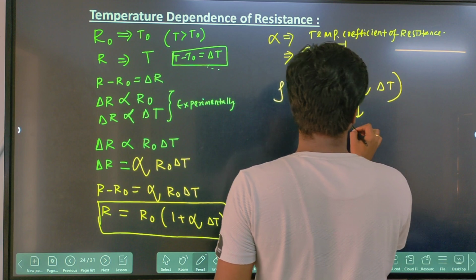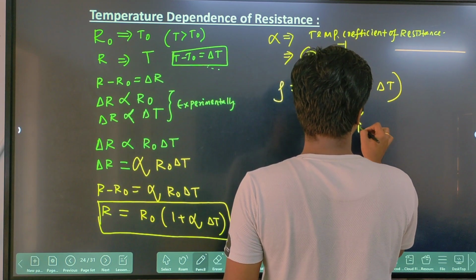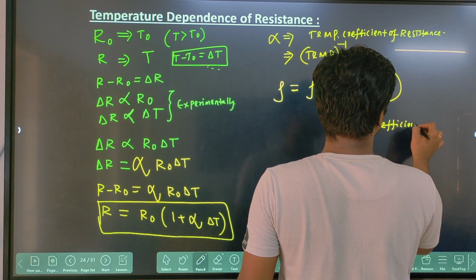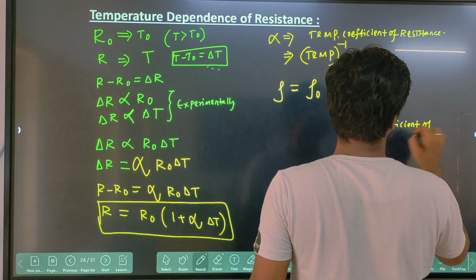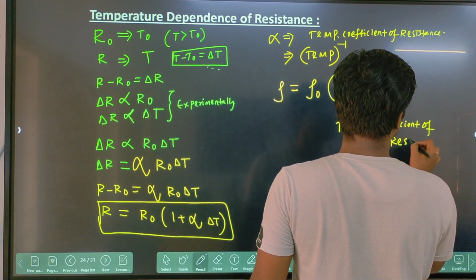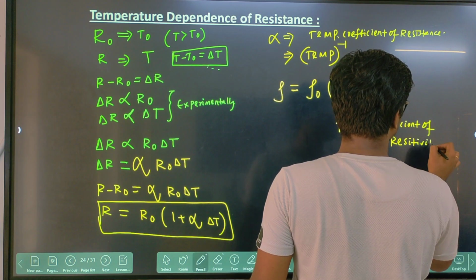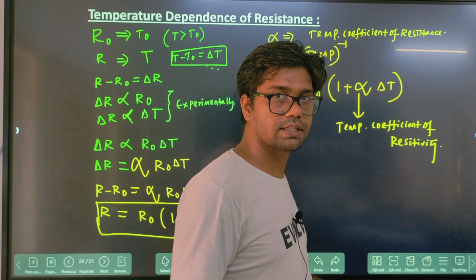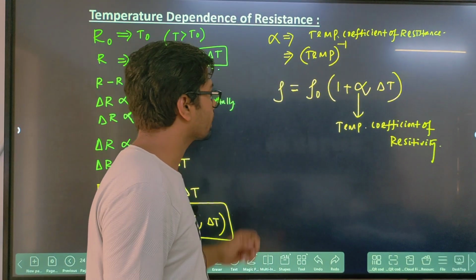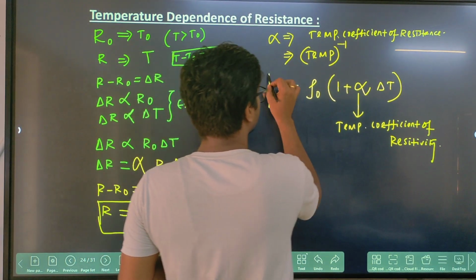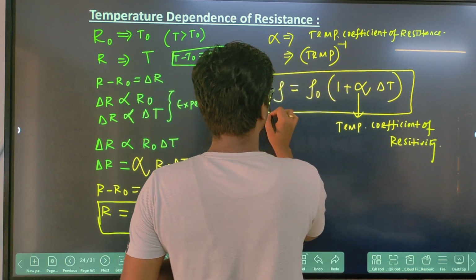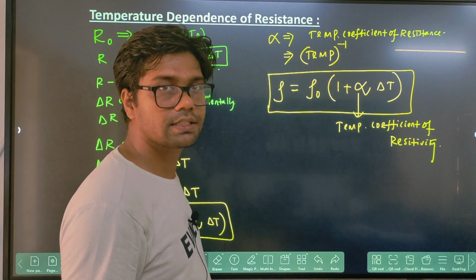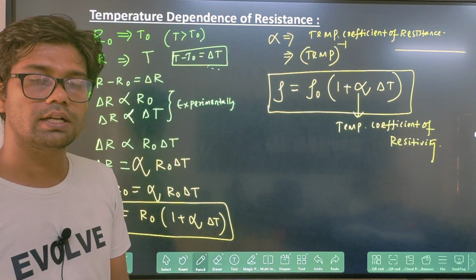right? Here you can write this is the temperature coefficient of resistivity. Clear? This thing you have to remember. So rho is the resistivity at temperature T, rho naught is the resistivity at temperature T naught. Clear?